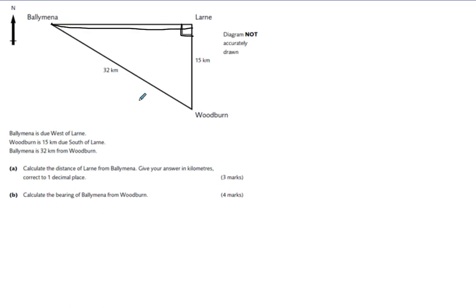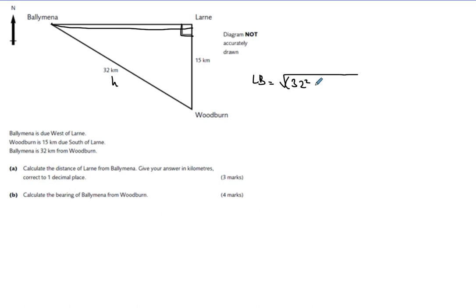And you can tell we've got the other two sides. So it's Pythagoras. So the side opposite your right angle is your H. So we're going to go LB equals the square root of, and make sure it's in brackets when you're doing it on your calculator.